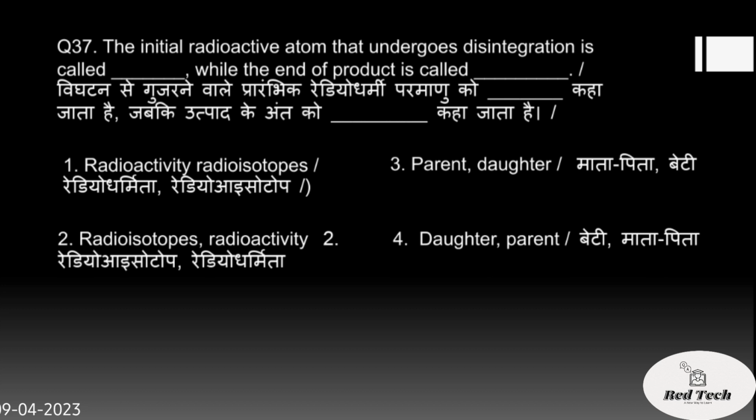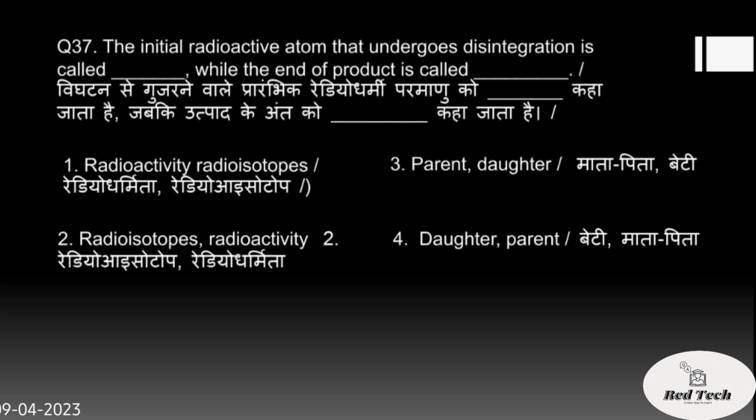So options are: option 1 is radioactivity and radioisotopes, option second is radioisotopes and radioactivity, option third is parent and daughter, option 4 is daughter and parent.